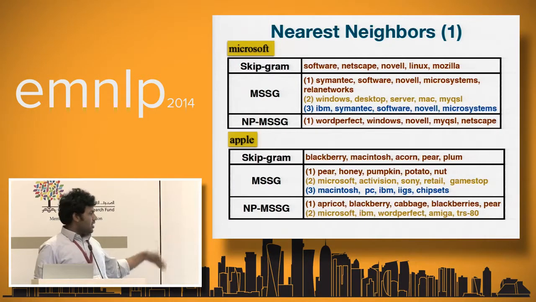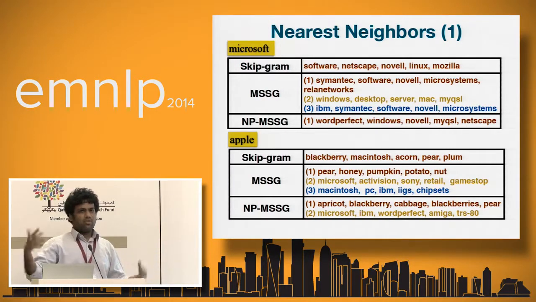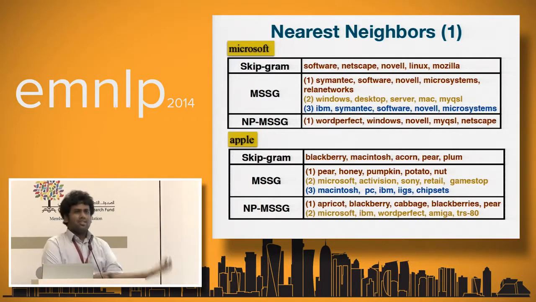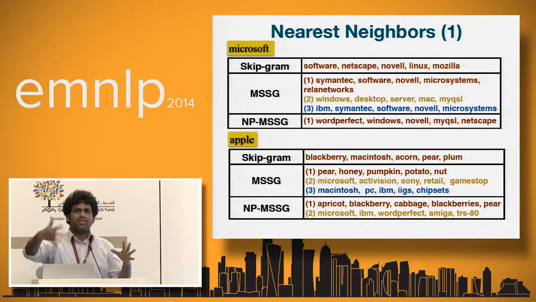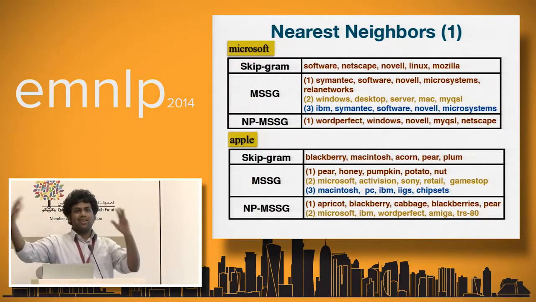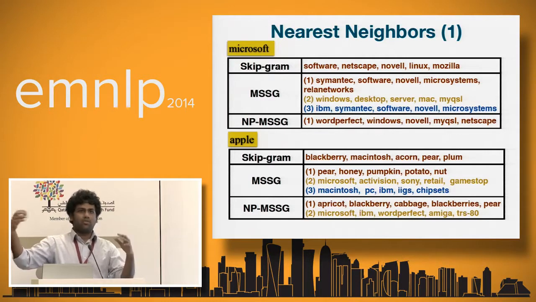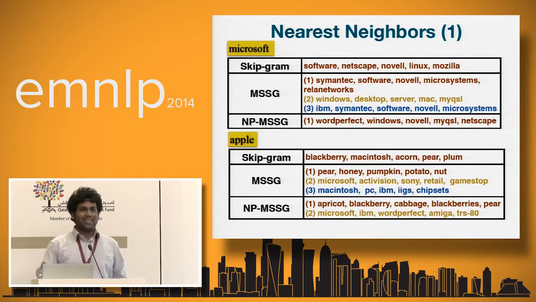But if you project the 300 dimensions or the 50 dimensions to 2 dimensions using PCA, the nearest neighbors still look good. They're not terrible. But in terms of whether a slice is for companies, or a slice is for Microsoft in terms of products, I don't know whether those things happen, and I'll be very surprised if it happens.